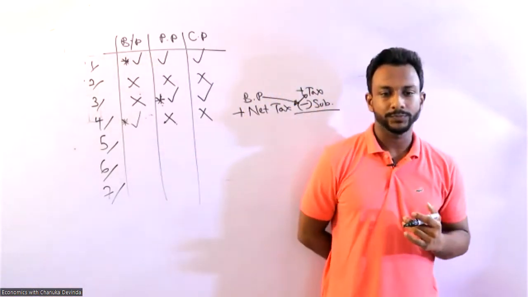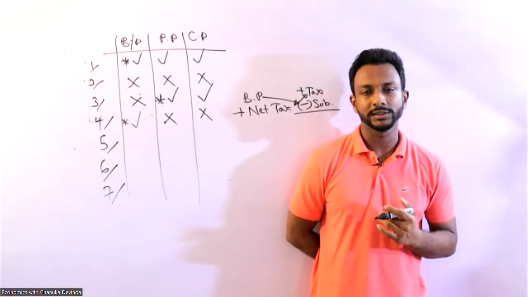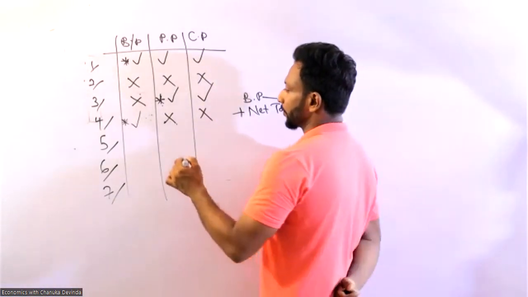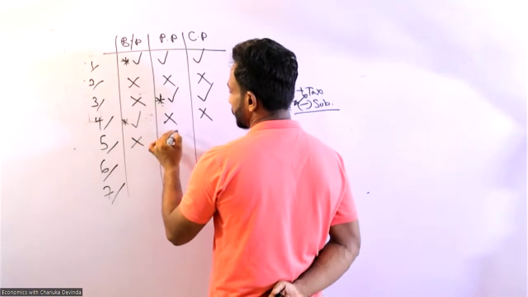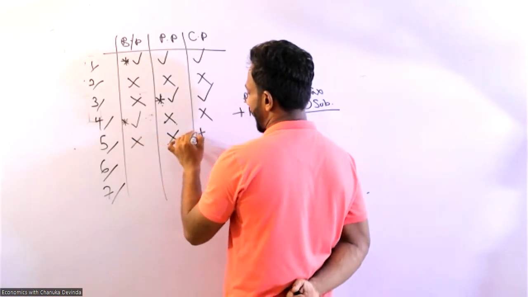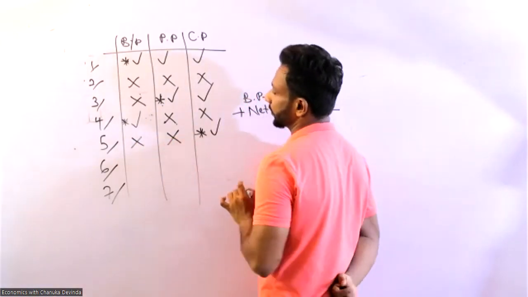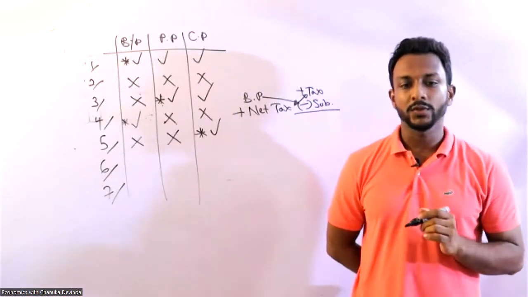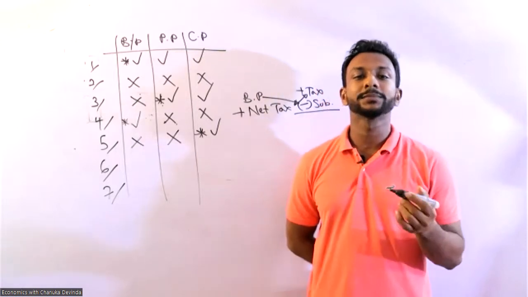Right. Next one, transport cost. I think you can remember it was not here and not here. It was added here and only at consumer's price. Right. So the next one, wholesaler profit margin.